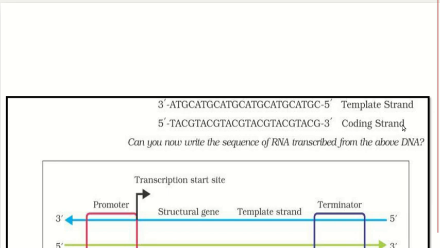Once you have the coding strand, it is very easy to write the RNA, because the coding strand has the same sequence as the RNA transcribed, except T would be replaced by U. So the coding strand gives the RNA here as UACG, UACG, UACG, UACG, UACG, UACG. That would be the sequence of RNA transcribed from the above DNA.